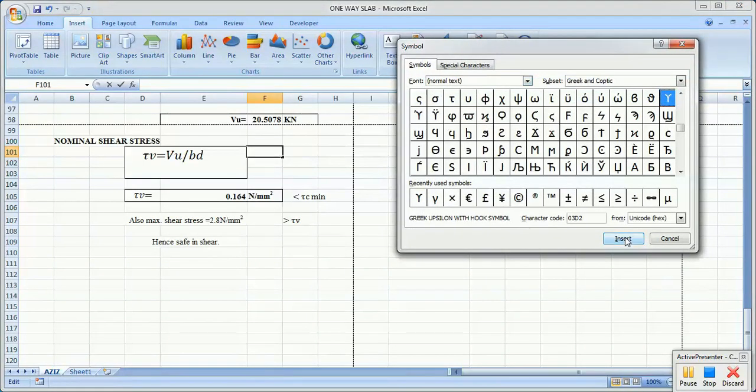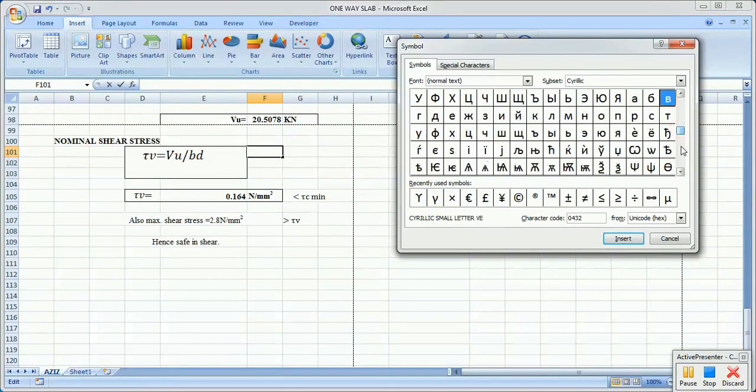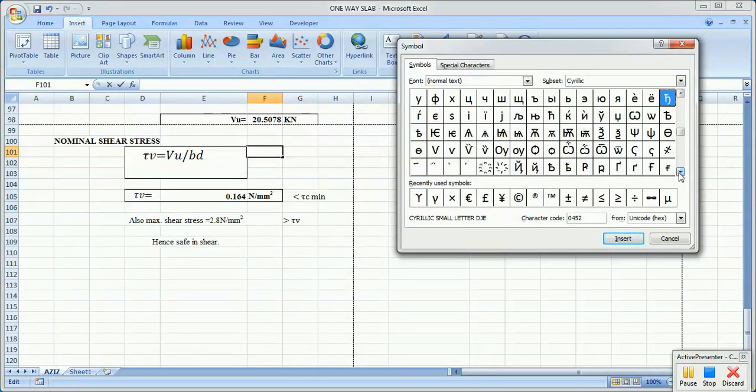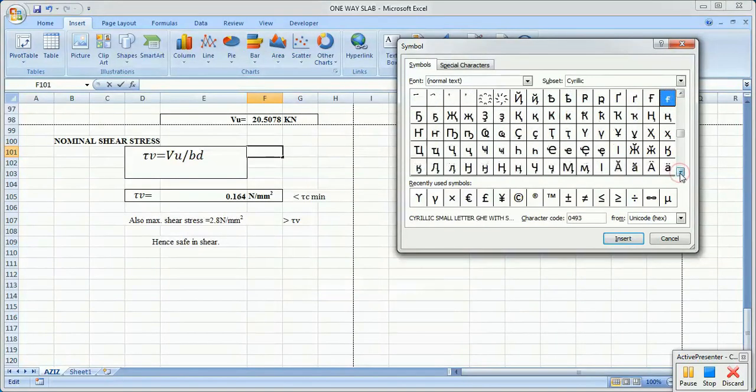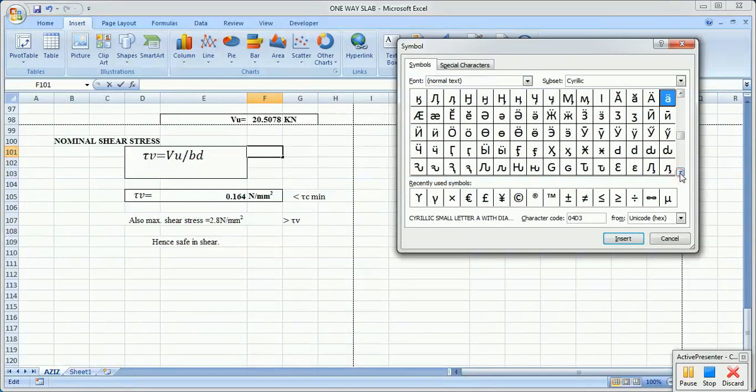There are different symbols available, so you have to search for where the tau is.